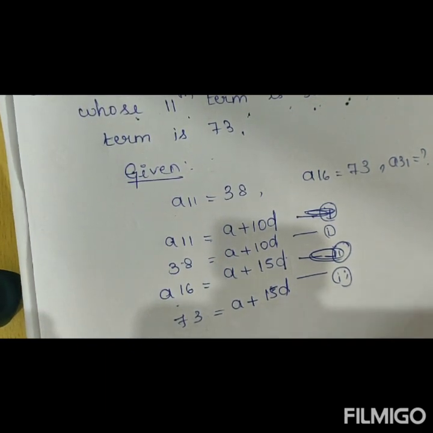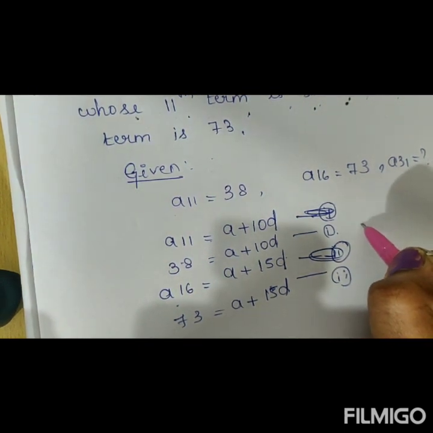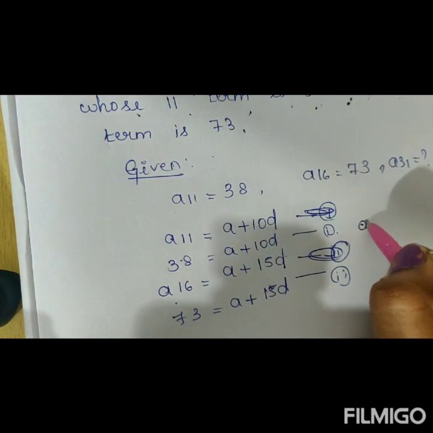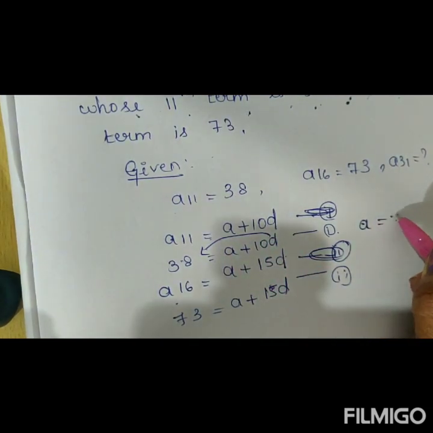Now let's take the value of A from equation 1. So what will be the value of A? If we want the value of A, 10D will come this side. So A will be 38 minus 10D.